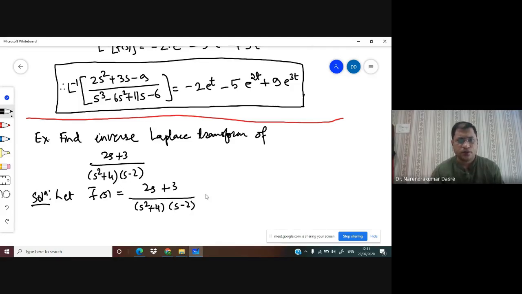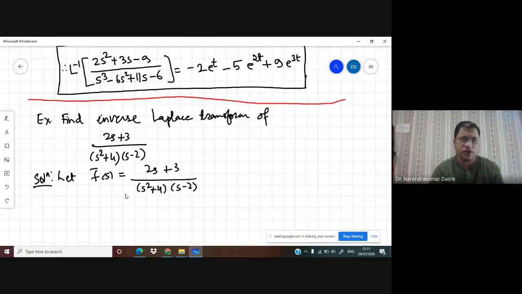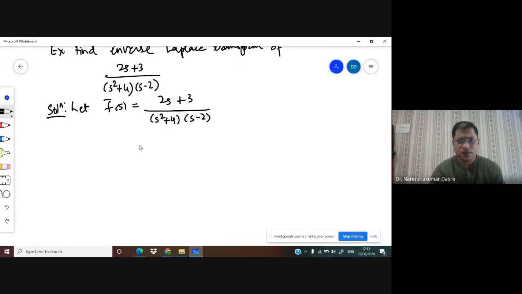Okay. So now the factors are clearly given, so we don't have to go for the factorization. But we have to identify what types of factors we have. And then we start with the smaller factor, so the linear factor, and then we have the quadratic factor. So let this be equation one.